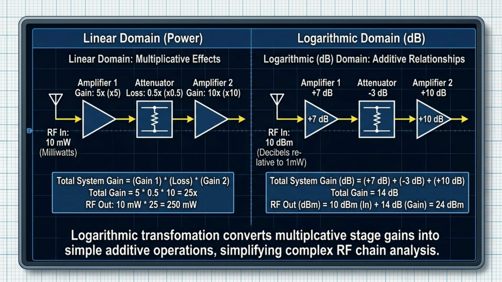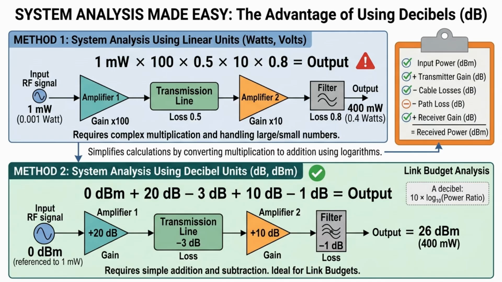In RF engineering, this transformation is extremely useful because signal chains often involve multiple stages of amplification and attenuation. Each stage multiplies or divides signal power, and logarithms allow these multiplicative effects to be converted into simple additive relationships. This makes system analysis much easier, especially when dealing with cascaded amplifiers, transmission losses, and overall link budgets.